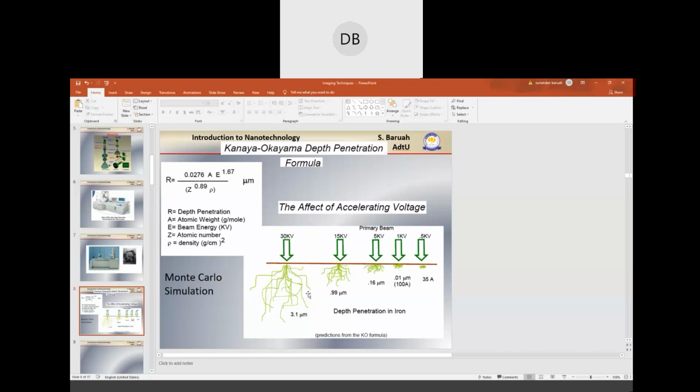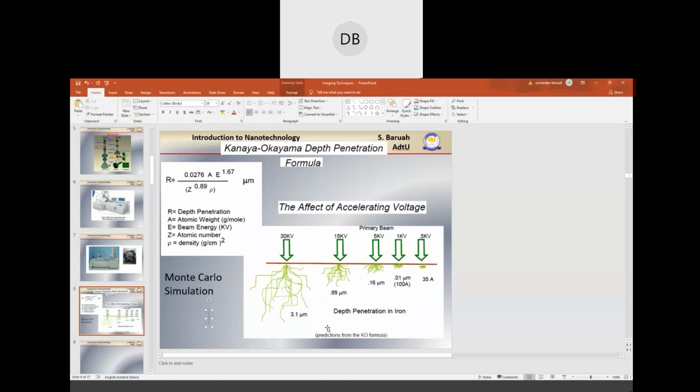Now this volume is three-dimensional. You are just seeing two-dimensional on the screen, but it is actually three-dimensional. It is happening in all directions. Roughly, this is the shape of a teardrop. Let me bring in another one.